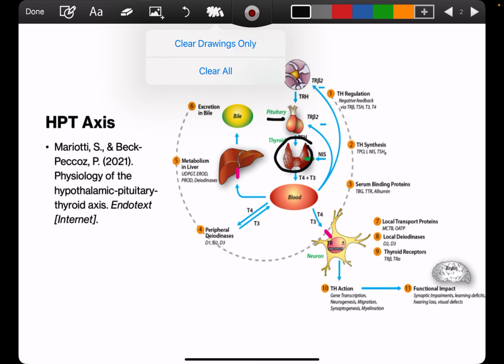So, specifically in Graves' disease, the hypothalamus and pituitary lose their negative feedback function to control the flow of hormones, because this TSI is not controlled by the hypothalamus or pituitary. It's controlled by immune cells.